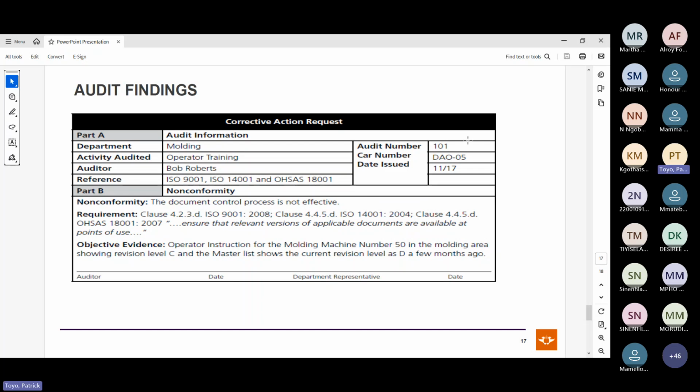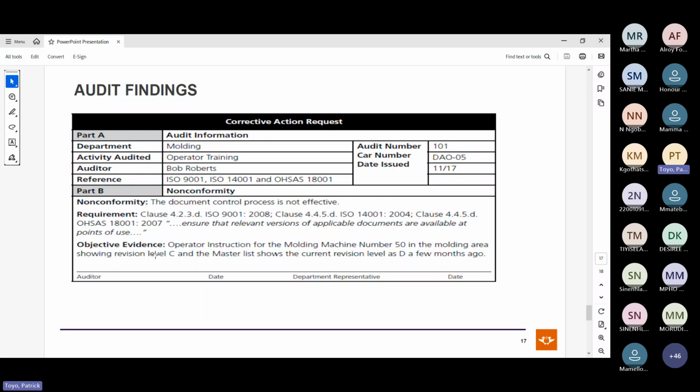He's got the reference to this finding, and he's written here that the non-conformity is that the document control process is not effective. That is the non-conformance, and the requirement. He's put all the clauses where they say ensure that the relevant versions of applicable documents are available at points of use. So their current process maybe doesn't put the documents at the point of use, and they say the document control system is not effective.